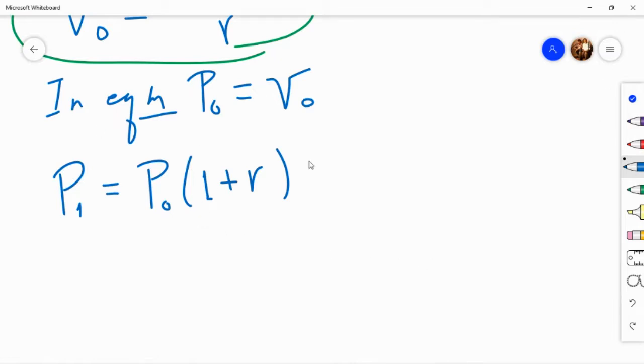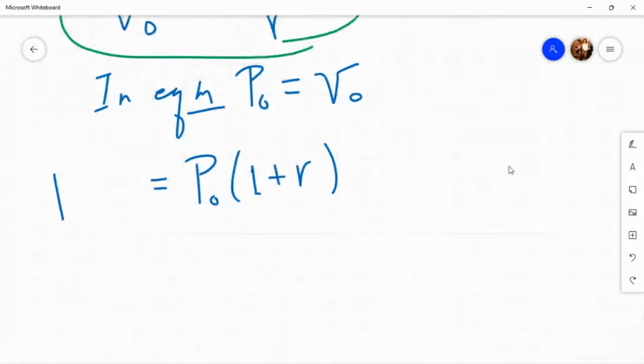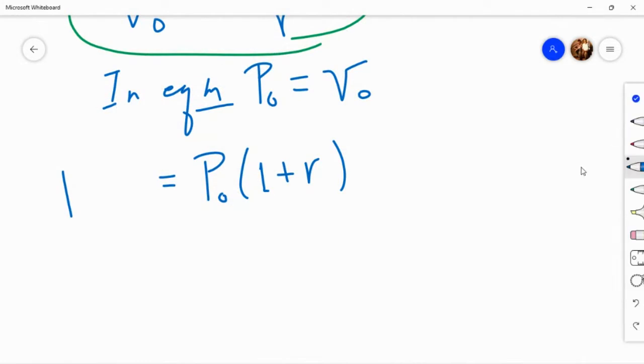The stocks, so I'm going to have to rewrite this. It's not just price at time 1. It's going to give you also the dividend at time 1, right?